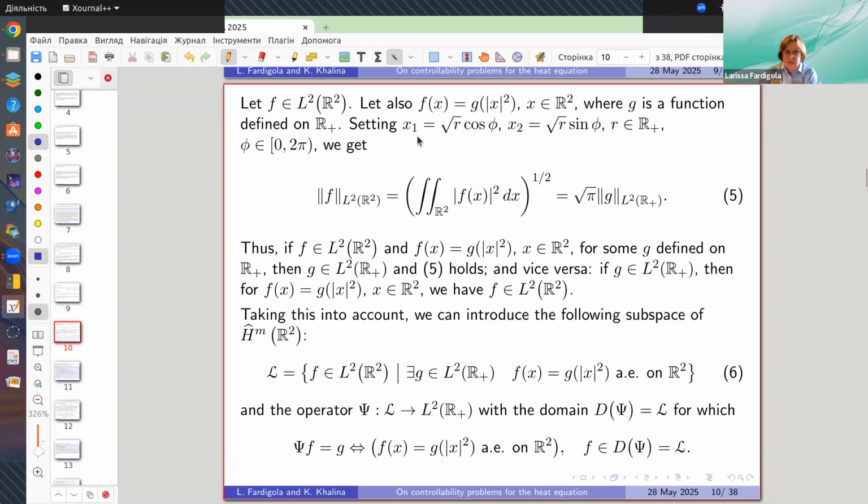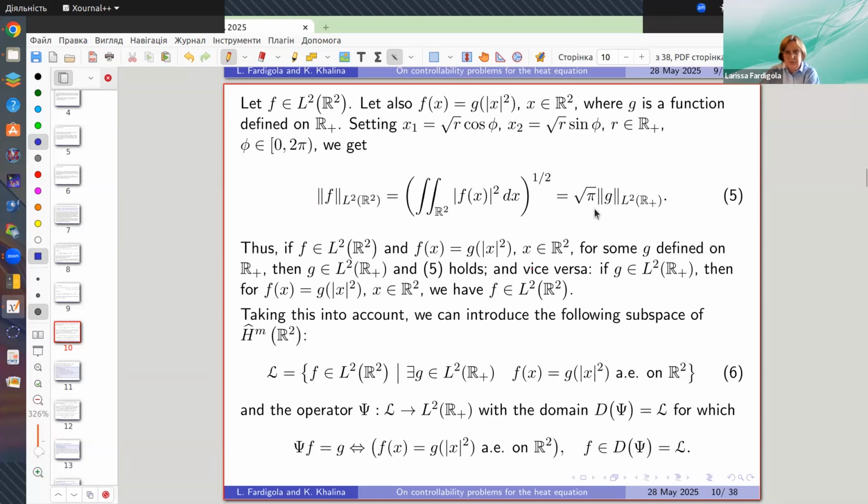If we set x1 equals square root of R cosine of phi, x2 equals square root of R sine of phi, R belongs to R plus, and phi from the segment from 0 to pi, we can obtain the following relation.